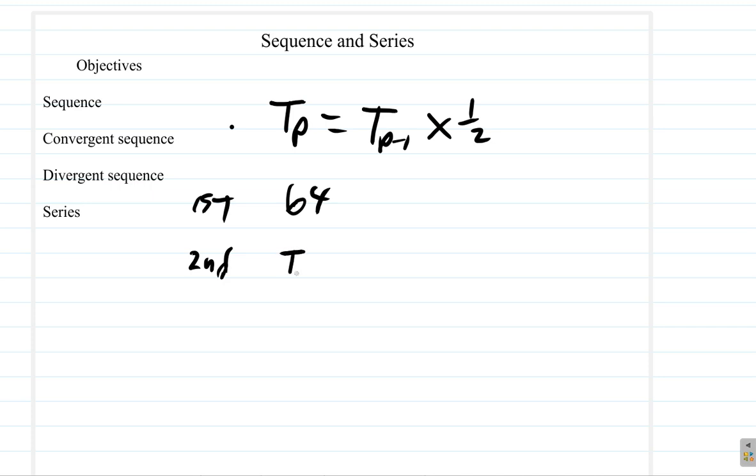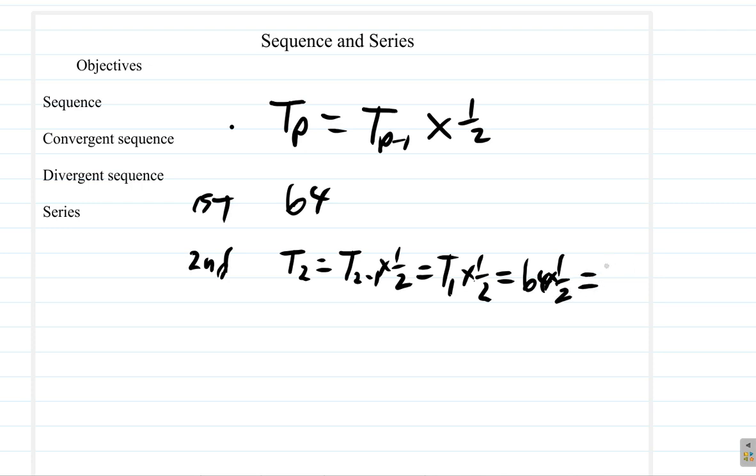Now, T2 is T2 minus 1 times a half, which means T1 times a half. This is going to be 64 times half. What is half of 64? It's 32. Alright.